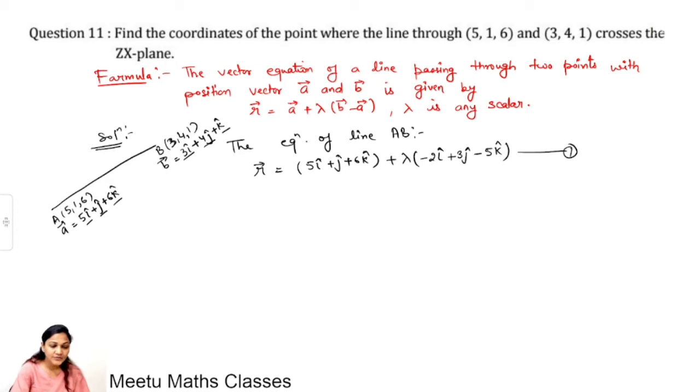Now we are supposed to find the coordinates of the point where line AB crosses the zx plane.